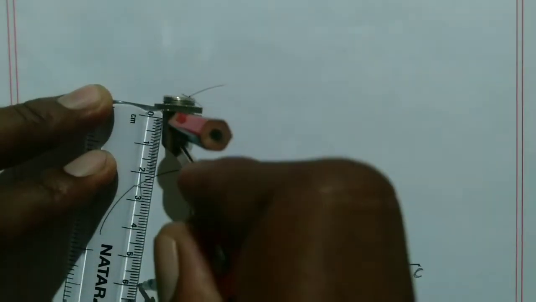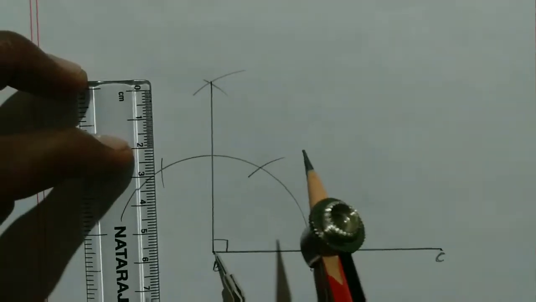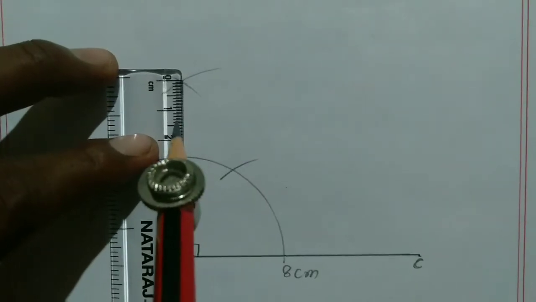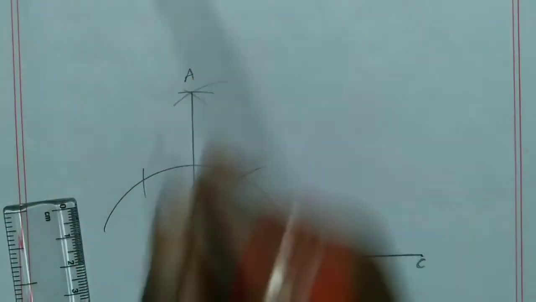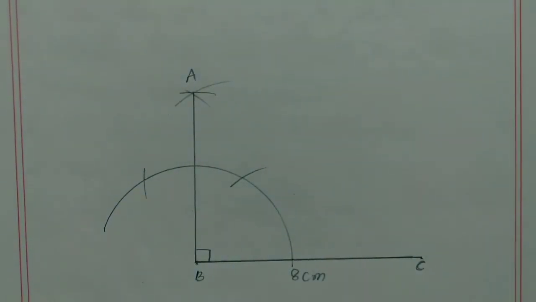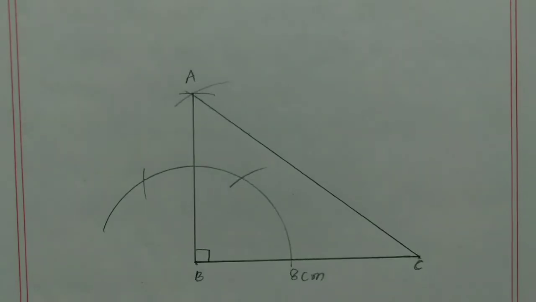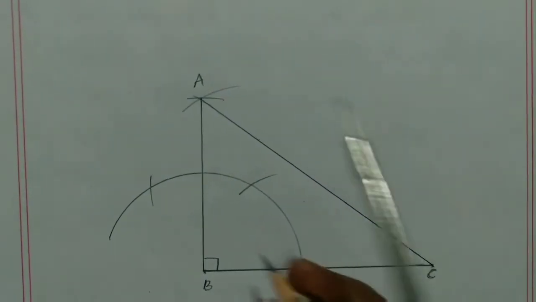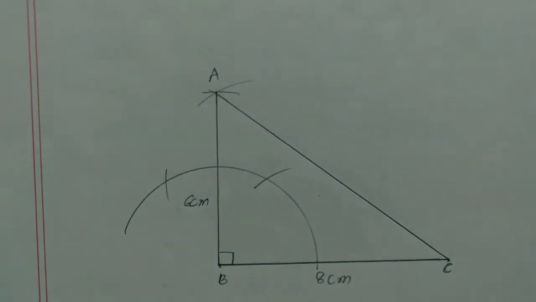Okay, so this is 6 centimeter, right? So we got exactly here this A point, right? So next you can join AC. This is the ABC triangle. So now we got ABC right triangle. This AB is 6 centimeter, you can write, right?